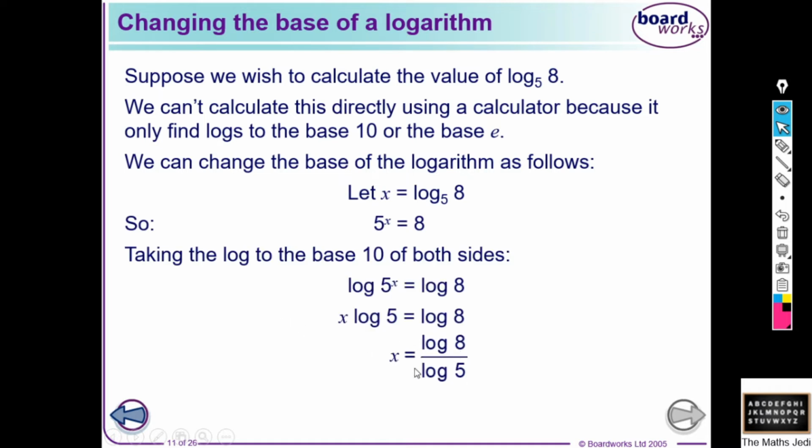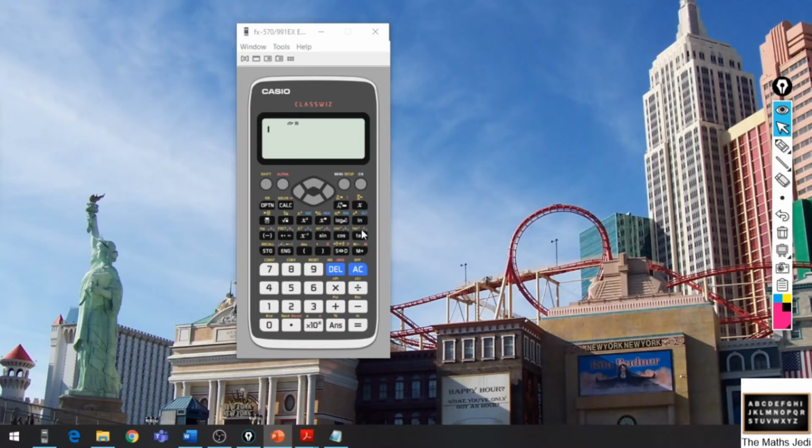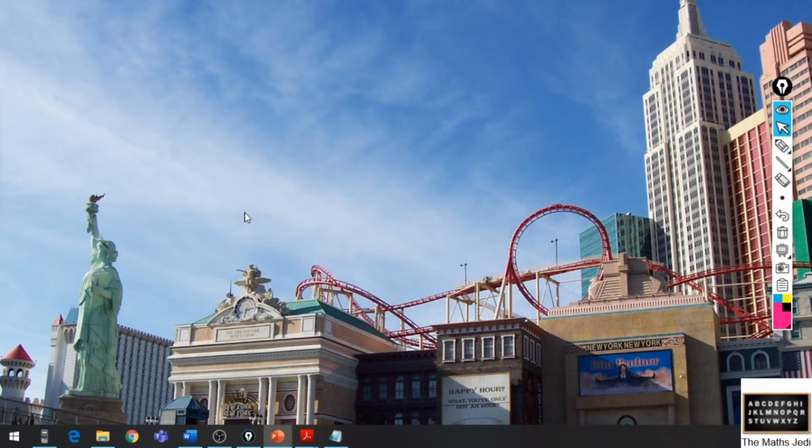So we're going to do log base 10 of 8 and then divide by log base 10 of 5. 1.29 as I said. So that's the number you get. So that's a good overview of how you use logarithmic buttons on the calculator.